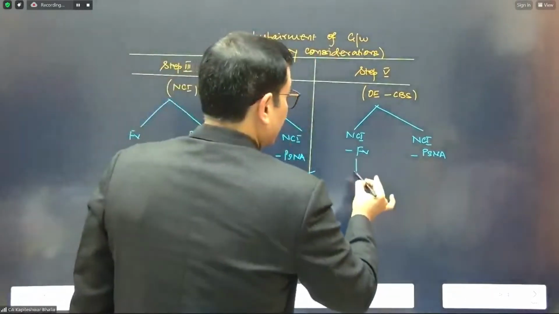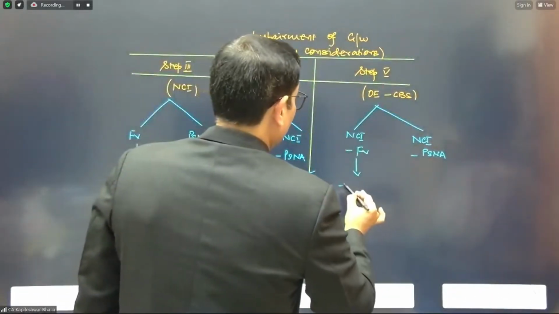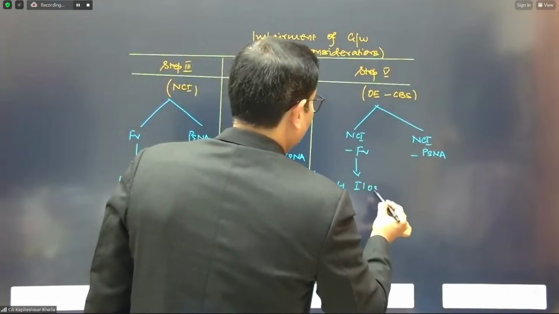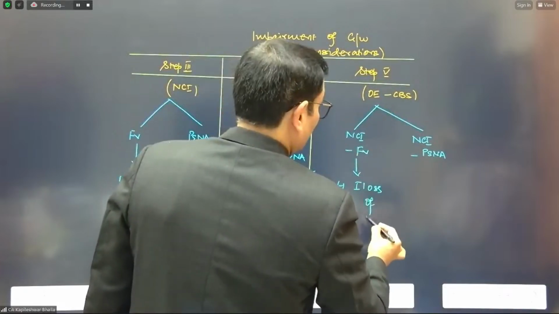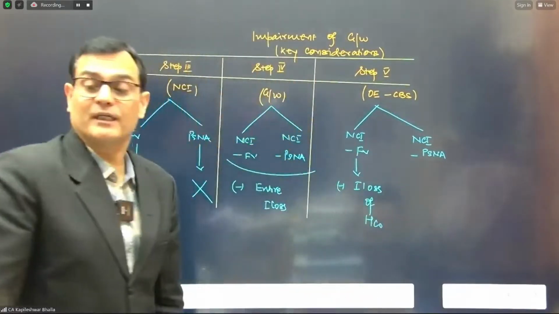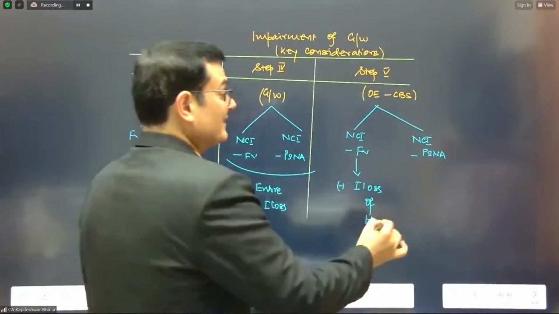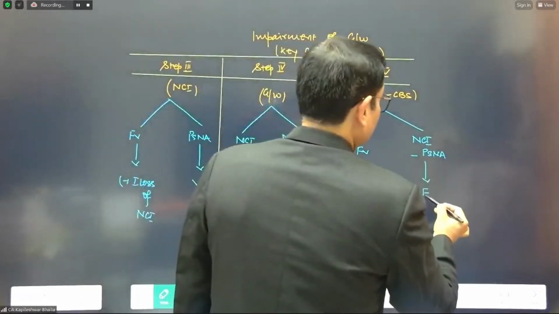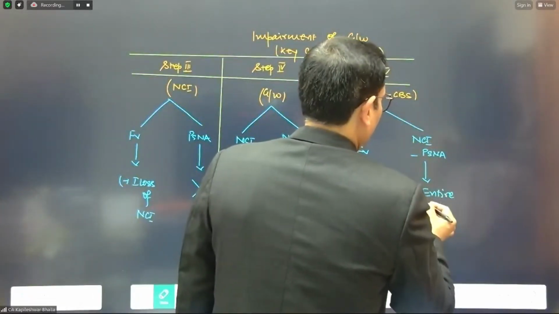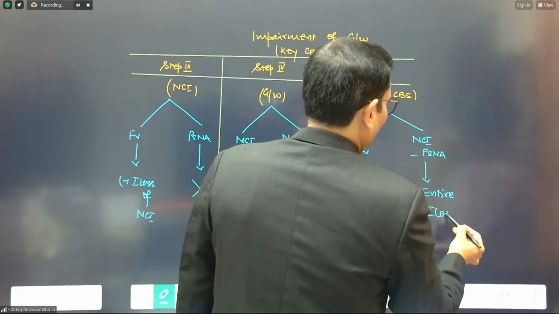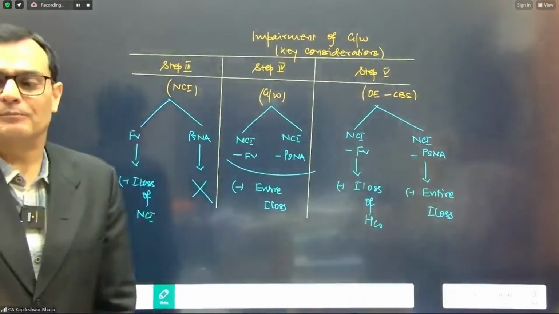If the NCI is at a fair value, then we will reduce the share of the holding company only. But if the NCI is at PASNA, we will reduce the entire impairment loss, because everything belongs to the parent.